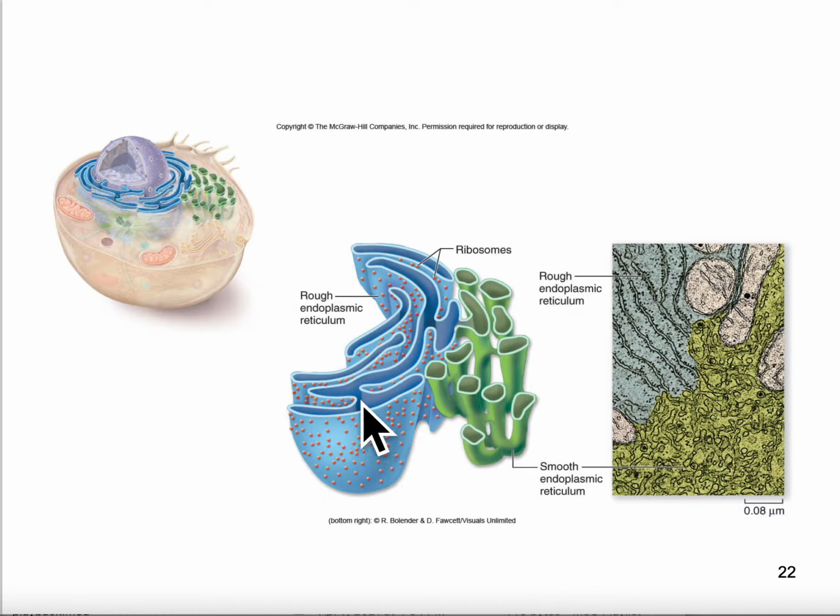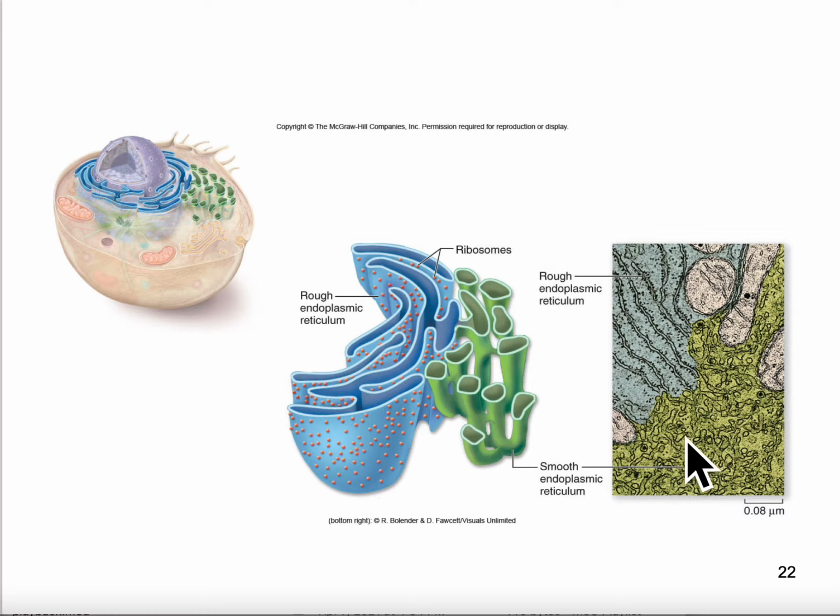There are also a bunch of proteins inside that will finish up the job of creating new proteins. Whereas the smooth ER does not have ribosomes, so it appears to have a smooth shape. And it is made up of a phospholipid membrane, and the inside has many proteins that are going to do jobs of creating lipids and detoxifying. Okay.